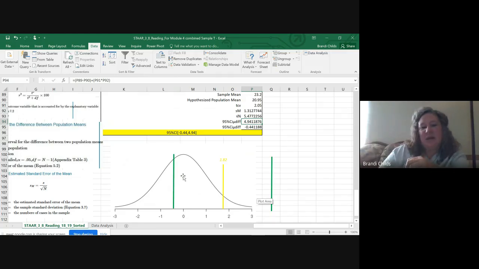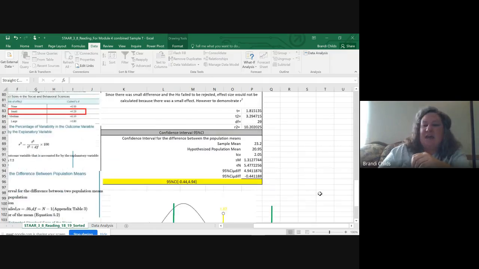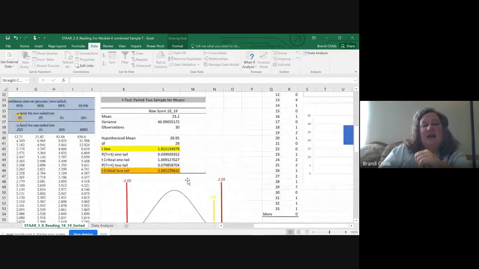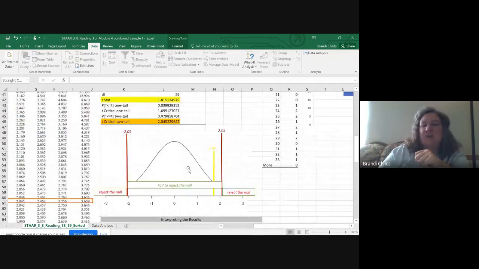If I go ahead and graph these two on the chart, which you don't necessarily have to use a chart, but it does help visually just to see what you're saying, then I know that 1.82 is in between these two numbers, once again verifying that sure enough, the answer to my question is they are not significantly different. I am going to fail to reject the null.